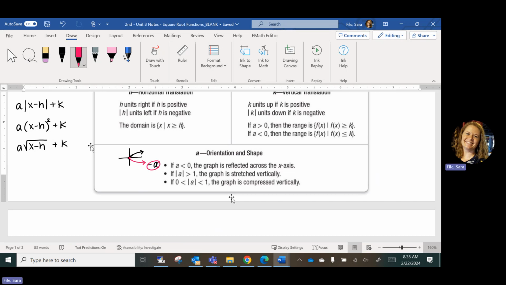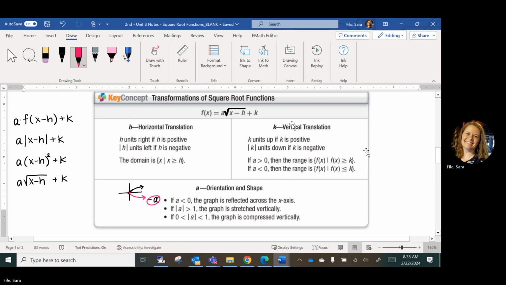And vertically compressing is squishing your hands together so it looks shorter, wider. So that's the same effect on the graph as we talked about last unit with quadratics. That's how A affects your graph. If it's negative, it's going to reflect over the x-axis. And if it's not a 1, it's going to vertically stretch or compress.